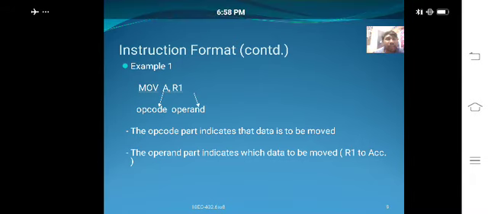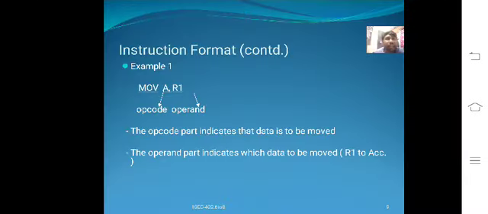Here in the instruction format they give one example. Example 1 is MOV A, R1. Here MOV is the mnemonic, A is the opcode, and R1 is the operand. The opcode part indicates that data is to be moved.